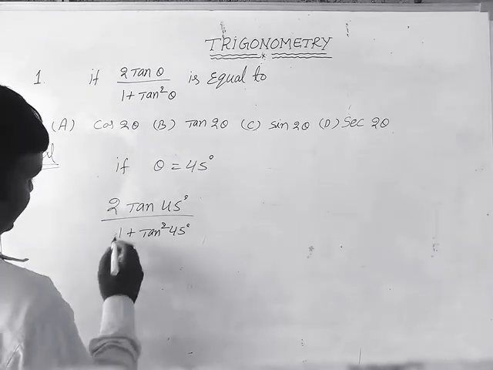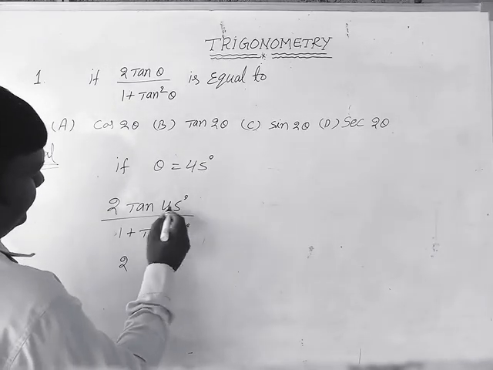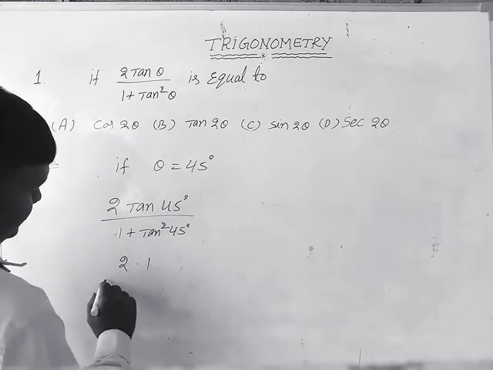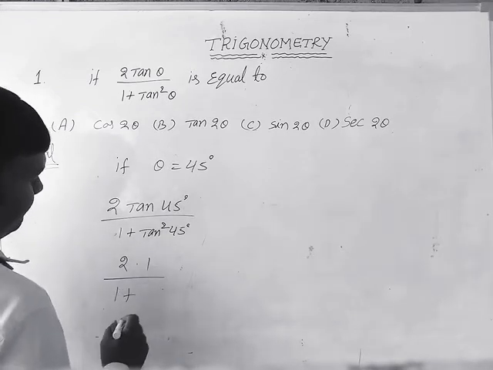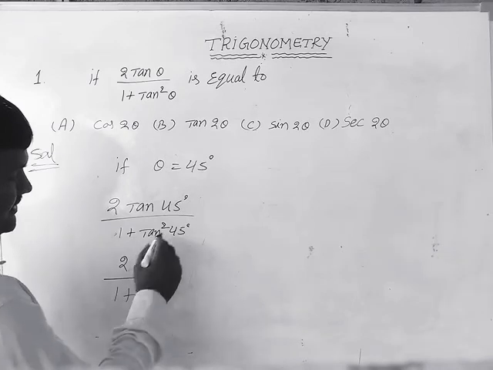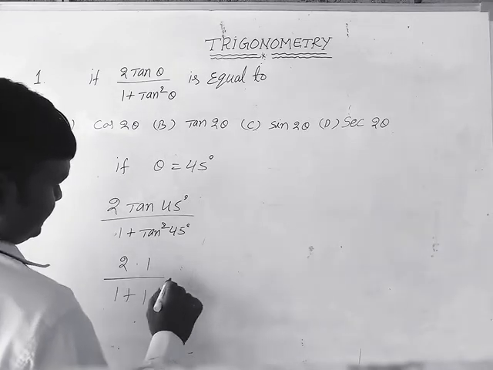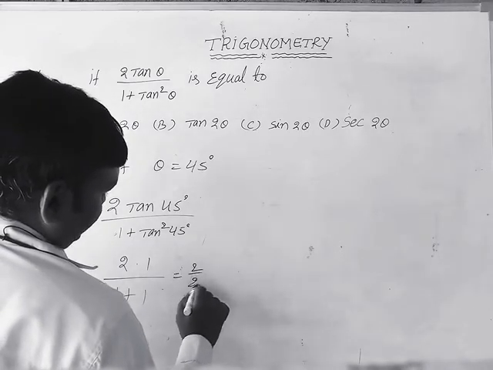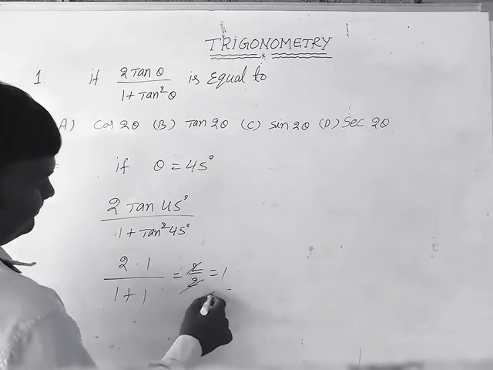So this is 2 into tan 45 degrees, whose value is 1, divided by 1 plus tan square 45 degrees, that means 1 square. 1 square means 1. This is equal to 2 by 2.